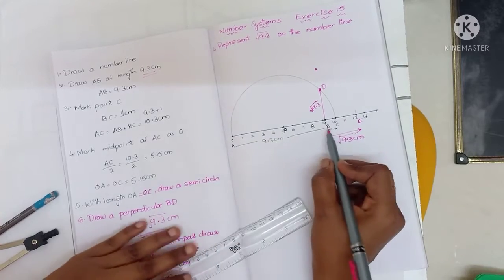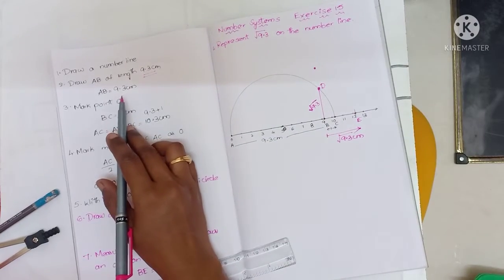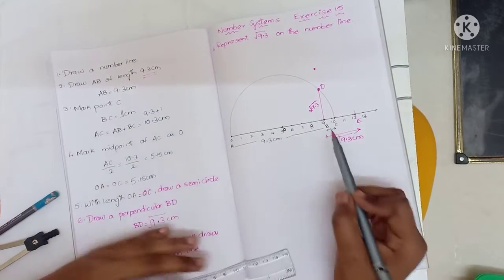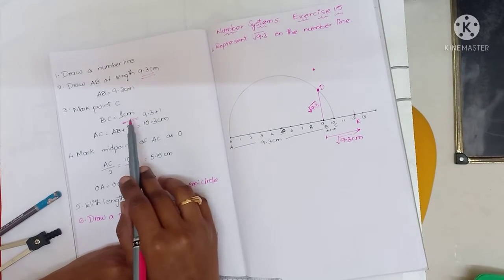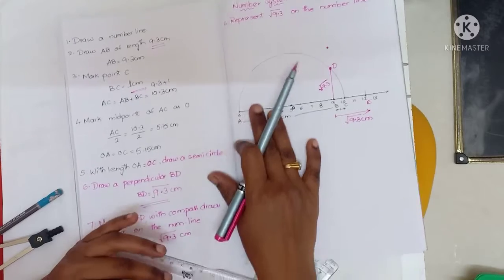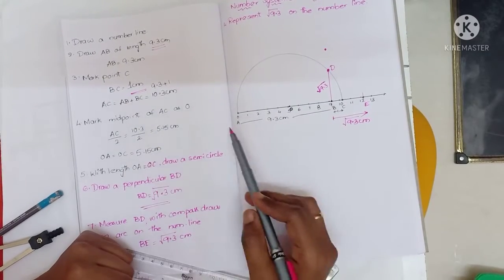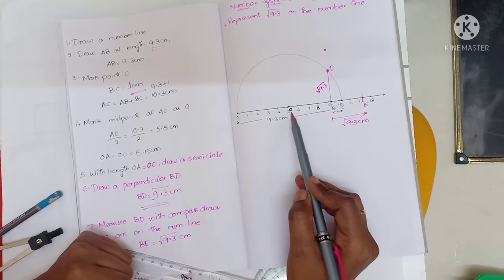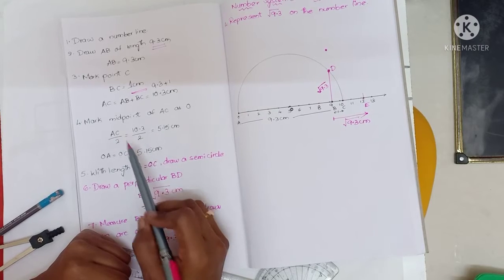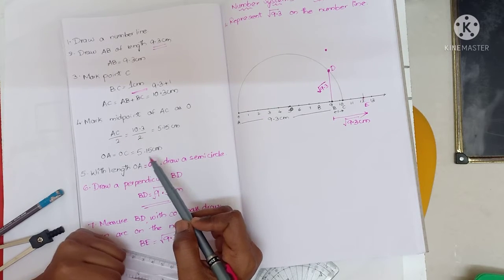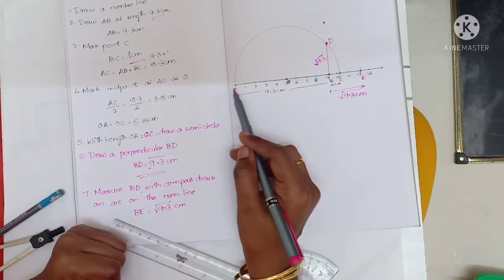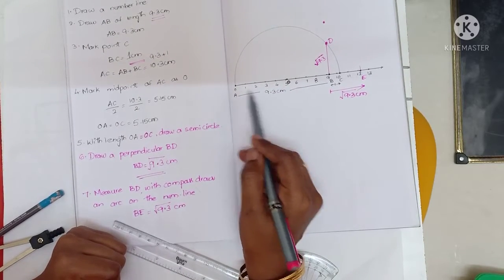Then extend B to C, that is BC will be of length 1 centimeter. Now mark the midpoint of AC as O. You will get OA equal to OC as 5.15 centimeters. Now with the length OA, with the length what?